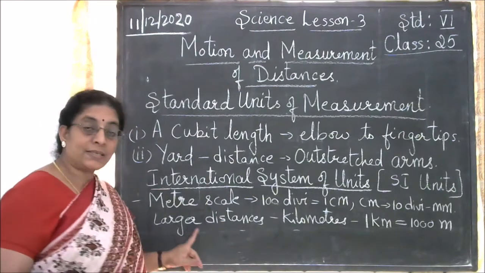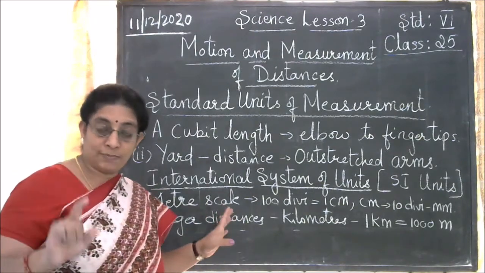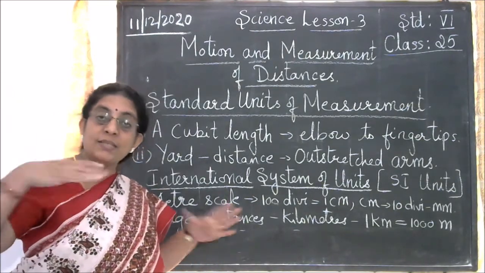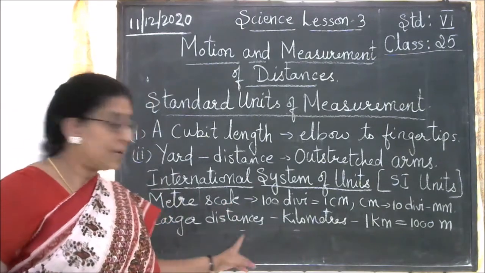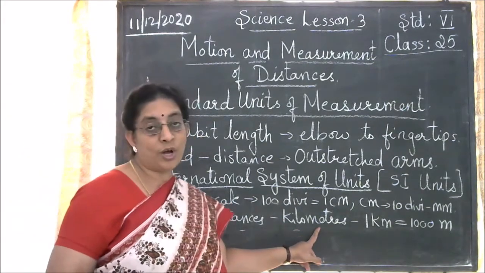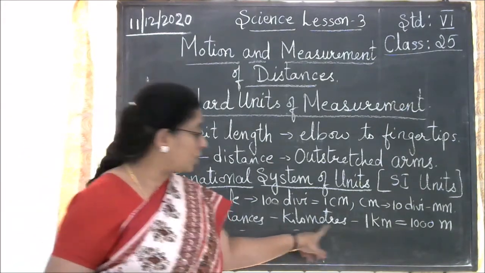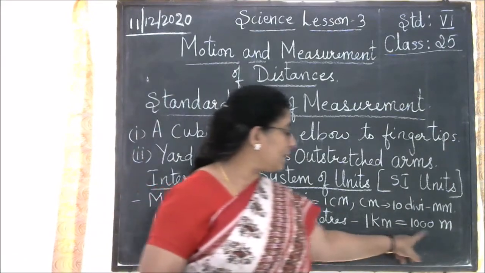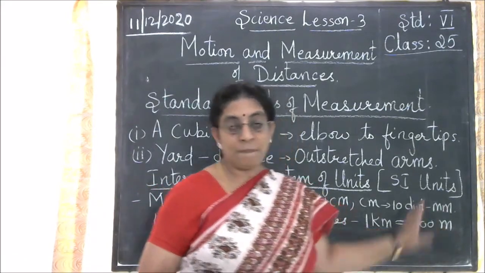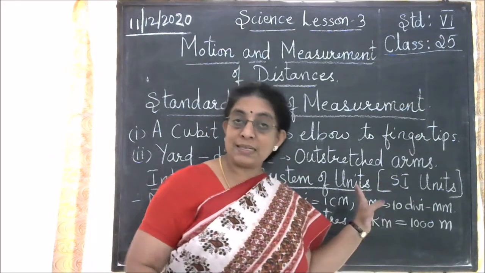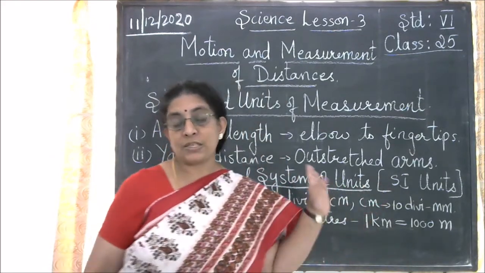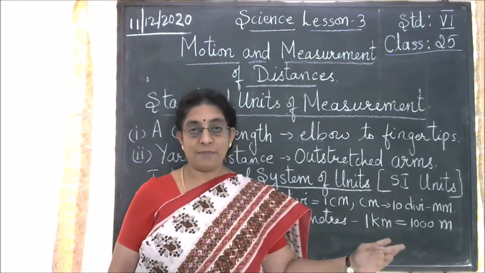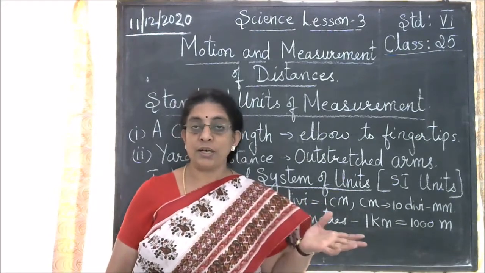And if you have to measure long distances or larger things, it is used in the form of kilometers. Here 1 kilometer is equal to 1000 meters. So these are some of the international standards of measurement followed throughout the world.